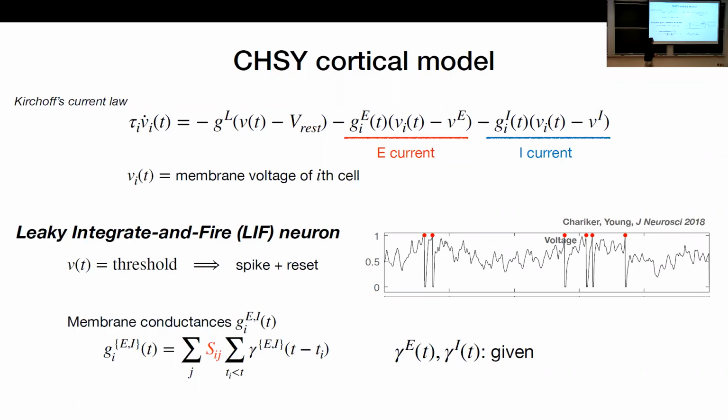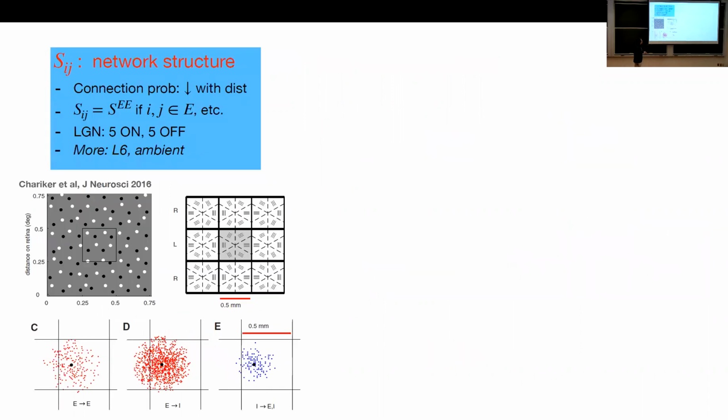And I forgot to say, each time a spike arrives, the conductance changes transiently, and how that happens is described by functions that are usually just taken as given. And there are timescales associated with that. And then the structure of the network is encoded in this kind of coupling matrix.